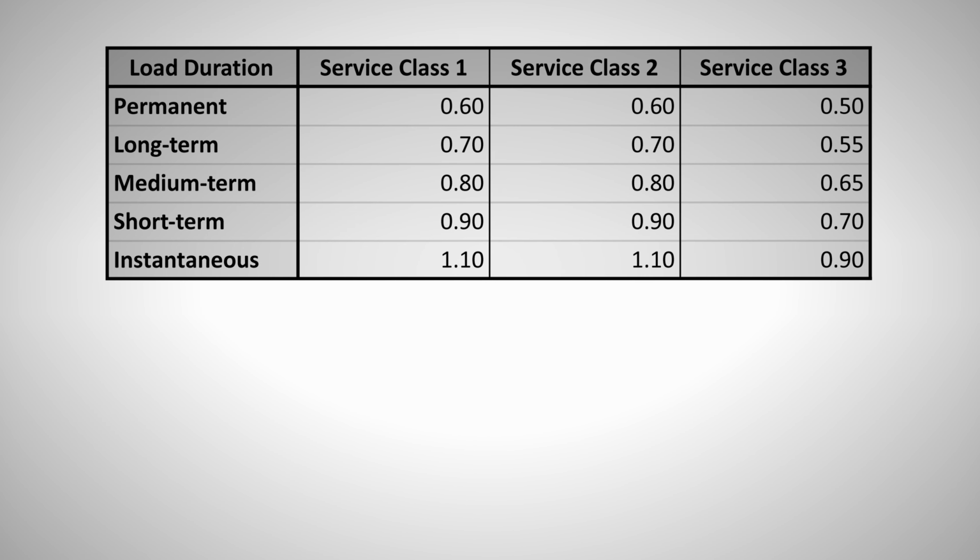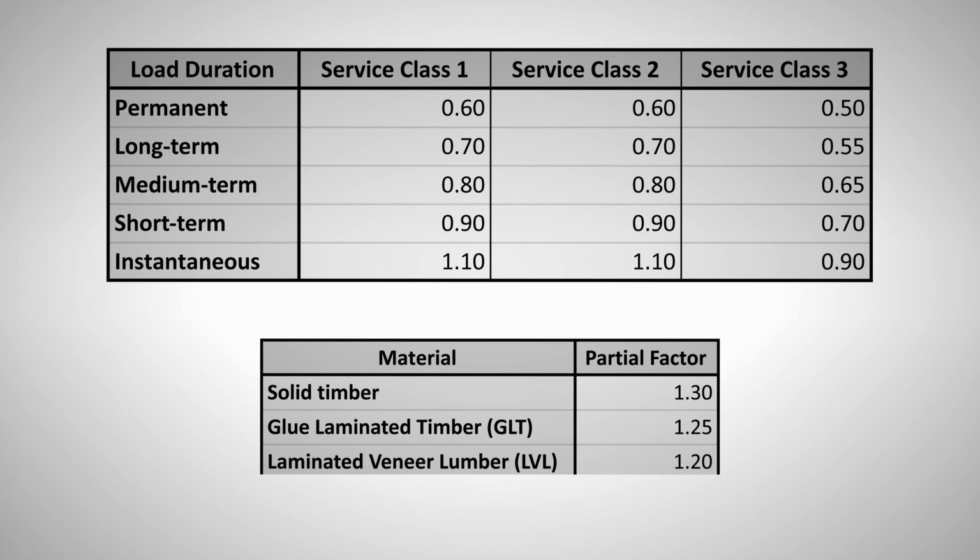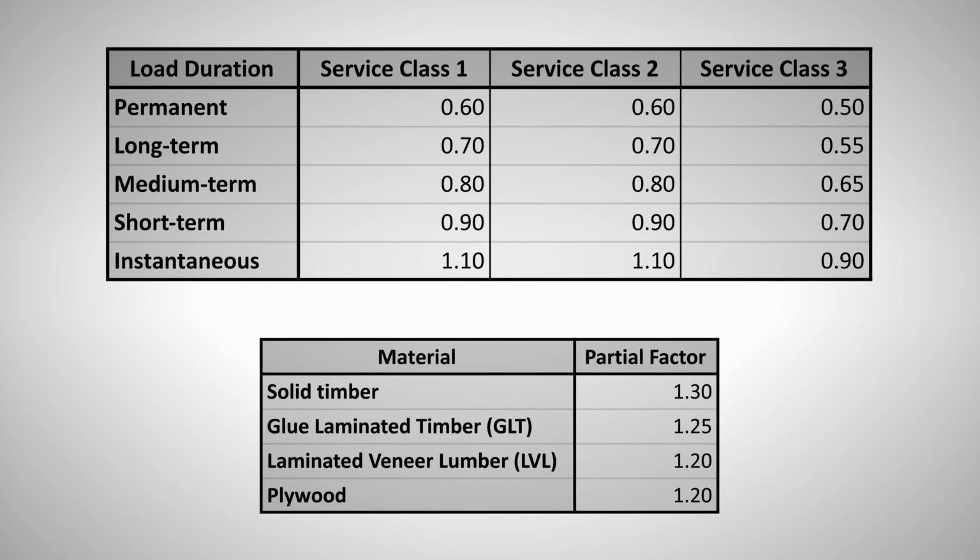In structural engineering, particularly in timber design, the design value of a strength property of a material is calculated by adjusting its characteristic value of a strength property to account for real-life conditions and safety. This is done by using two key factors: the modification factor and the partial factor for a material.